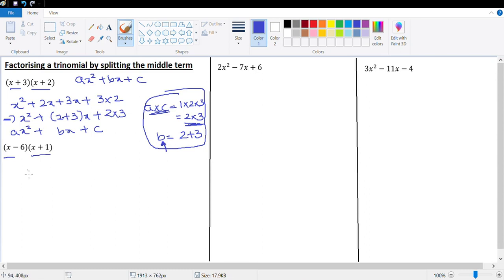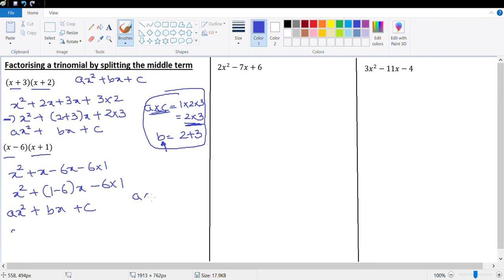Let's look at this one. So this would become x squared plus x minus 6x minus 6 into 1. This is x squared plus 1 minus 6 times x minus 6 into 1. If I compare it with ax squared plus bx plus c, here a into c would be 1 multiplied with negative 6, which is 1 into negative 6.